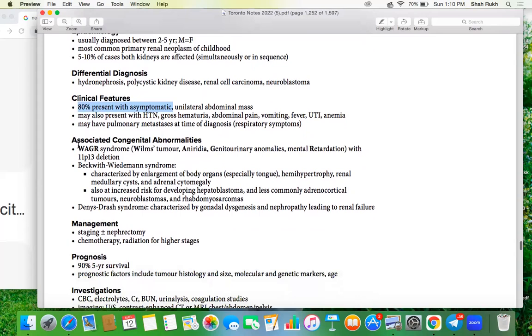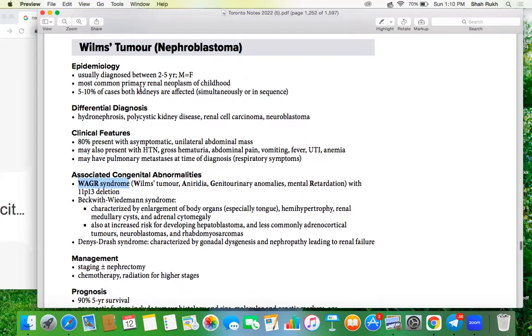Then it is linked with the WAGR syndrome. It's not written anywhere how you are going to go further, but you need to know at least which disease is linked with which congenital syndrome. It could be asked in MCQs. So at least know this WAGR syndrome, then those DiGeorge, CATCH-22. You need to know what kinds of conditions are linked with this particular condition.